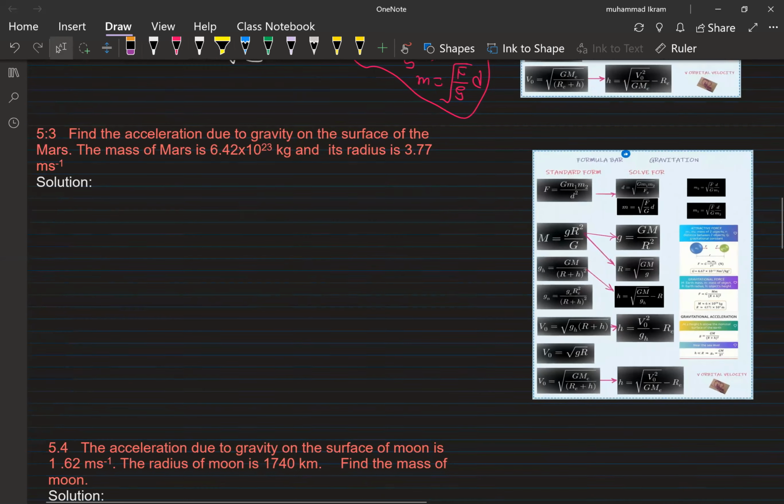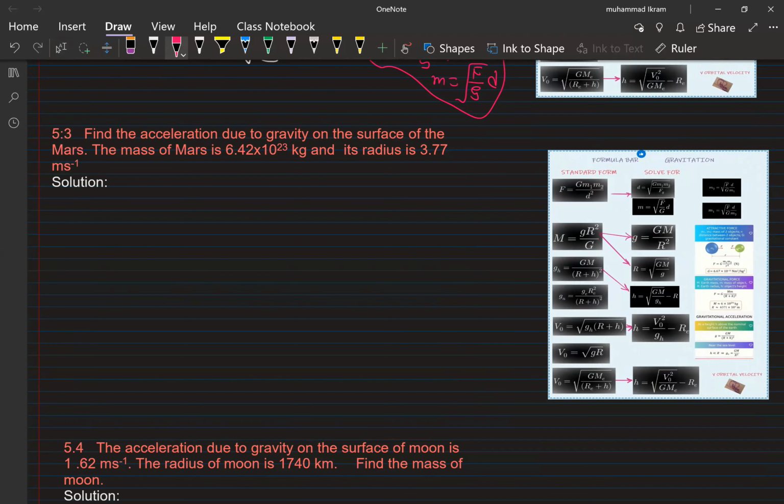Look, find the acceleration due to gravity on the surface of Mars. The mass of Mars is this one. So again, look at what is given. We are going to find the acceleration due to gravity on the surface of Mars.